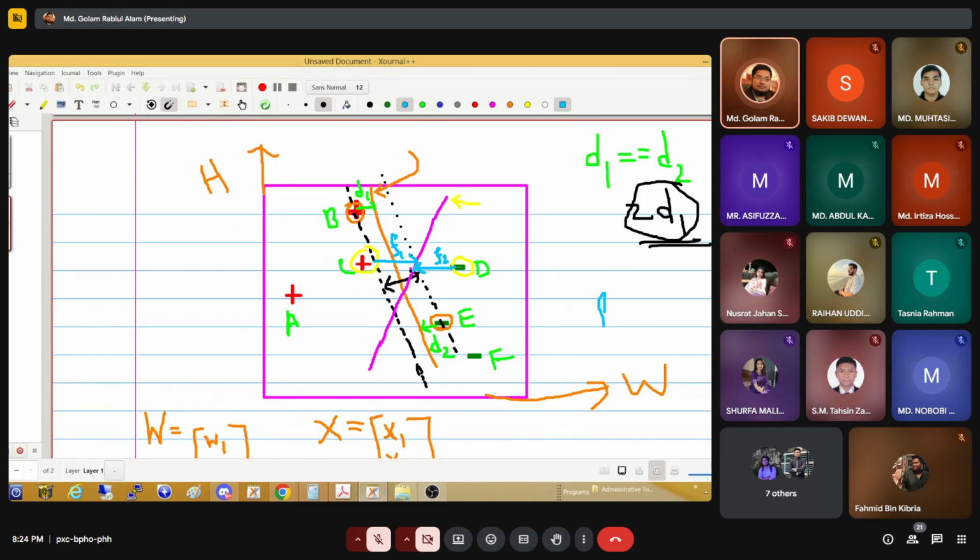Again F1 must equal F2, because we need to place the hyperplane at the middle between these two data points. So let's say this is F1, and if we now consider the garter of that, we can consider this one.